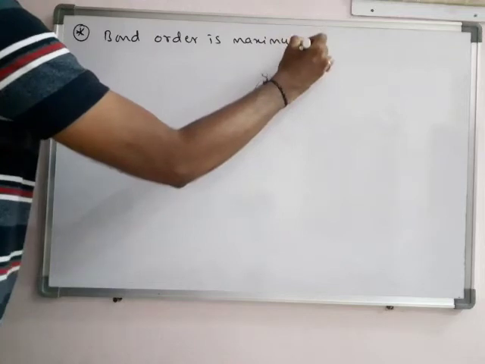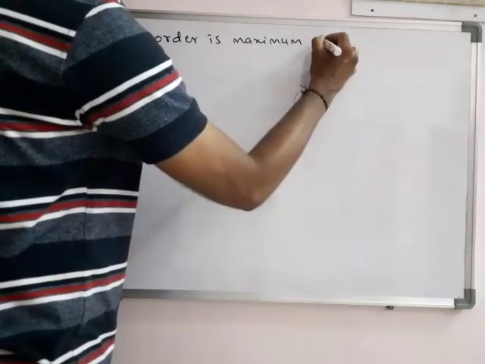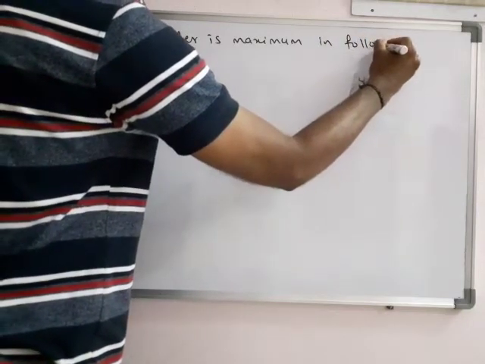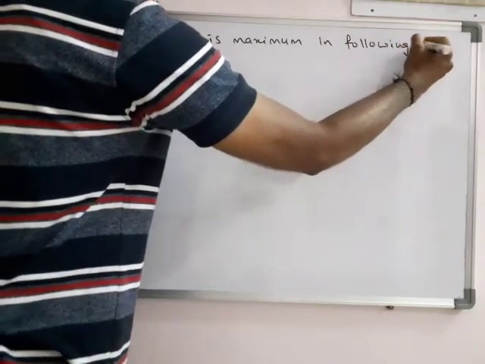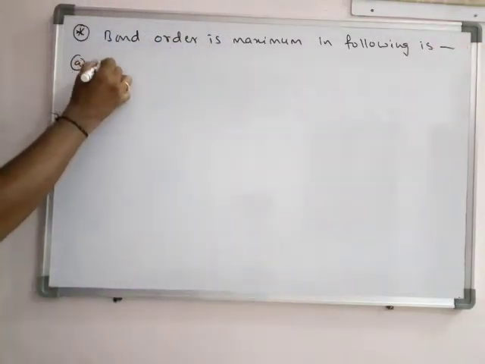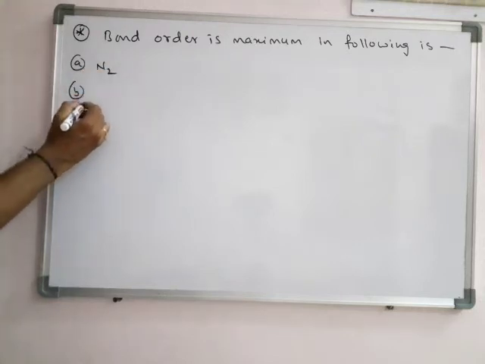Bond order is maximum among the following. The first option is N2, then O2, and so on.